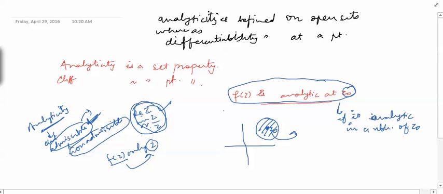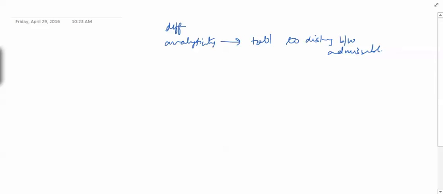Now, what will be our next video plan? Right now we have defined differentiability, we have defined analyticity, and we know that this will give us a tool to distinguish between admissible and inadmissible functions. That is a job which we will do later on.